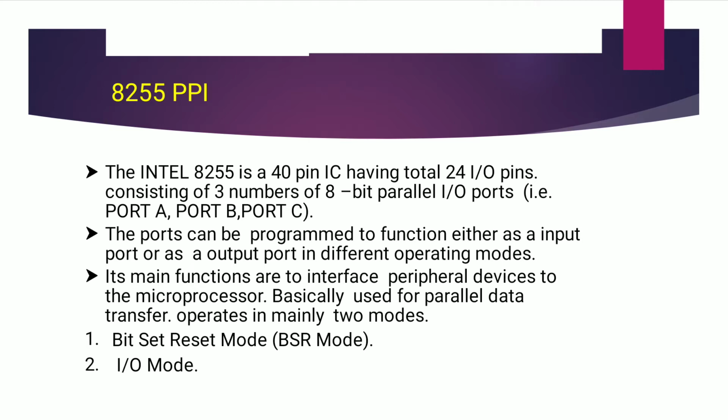8255 PPI is a general purpose programmable I/O device designed to interface the CPU with its outside world, such as ADC, DAC, keyboard, etc. We can program it according to the given condition.